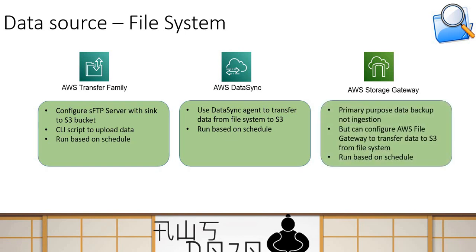And you can also use Storage Gateway, though, just to avoid confusion and be very straight, the primary function of Storage Gateway is to do data backup, not data ingestion. But sometimes I have seen people using AWS File Gateway as a way to transfer data from on-premises to S3, or from a file system to S3, and such transfer can also work based on a schedule. So roughly you have got three choices available.